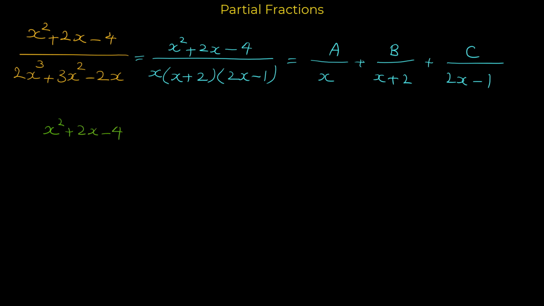But on the right side, we have a times x plus 2 times 2x minus 1. For b, we have b times x times 2x minus 1. And for c, we have c x times x plus 2.